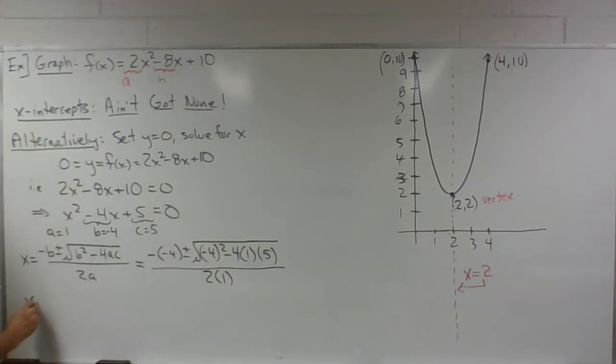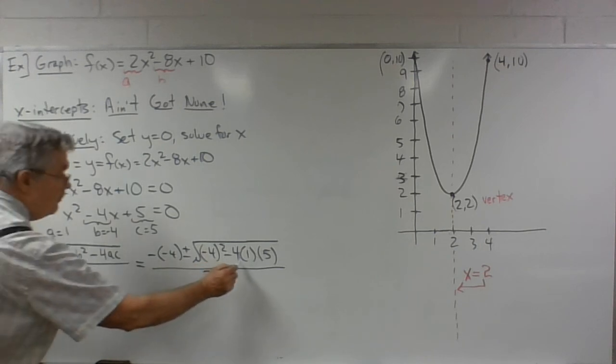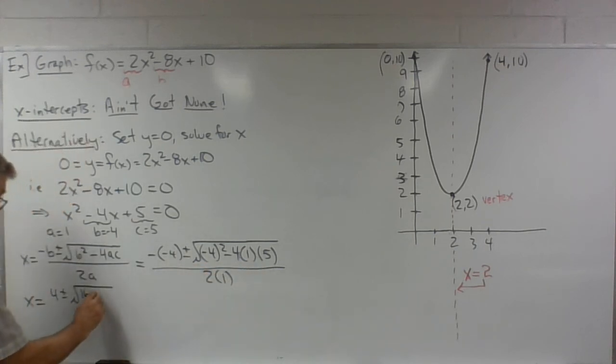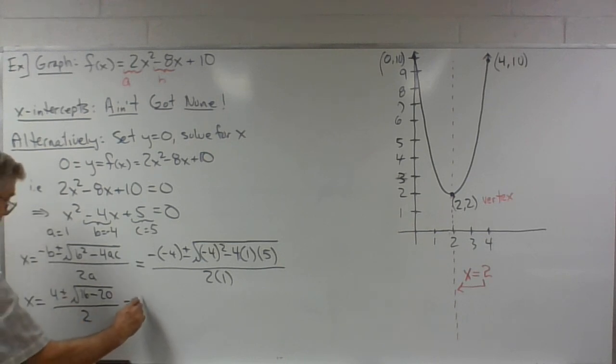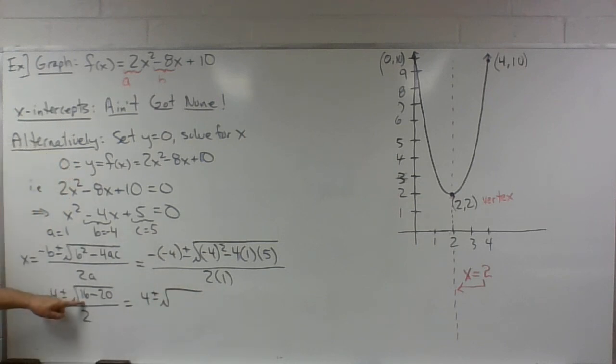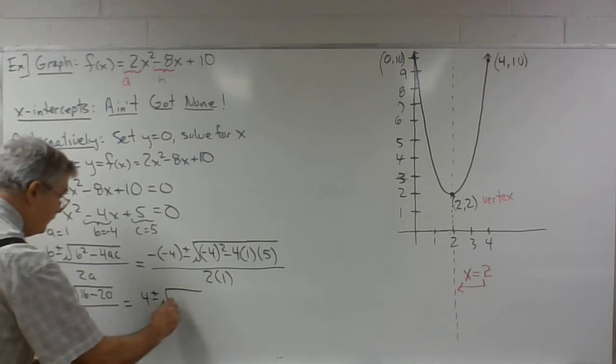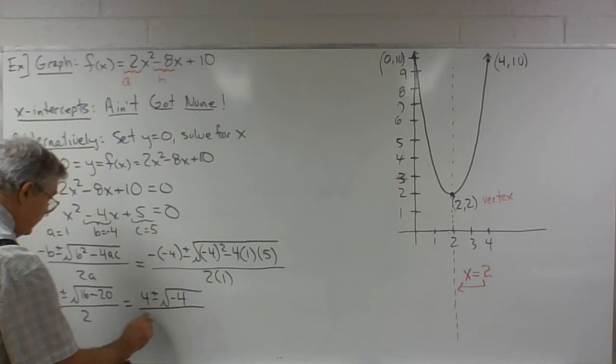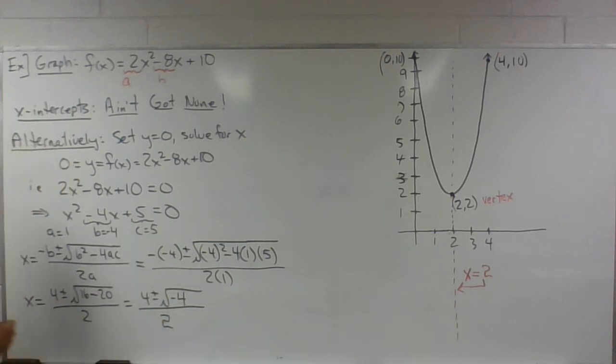And so x equals 4 plus or minus the square root of 16 minus 4 times 1 times 5, which is 20, all over 2. 4 plus or minus the square root of 16 minus 20, which is -4, all over 2.